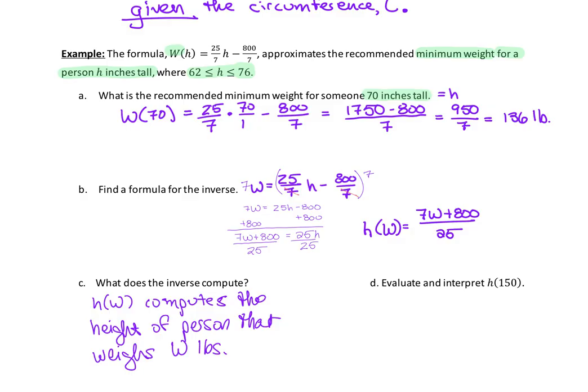We could get more specific on this, but to me, it's just a matter of making sure that we interpret what H represents, what W represents, and which one is the one that we're plugging in.